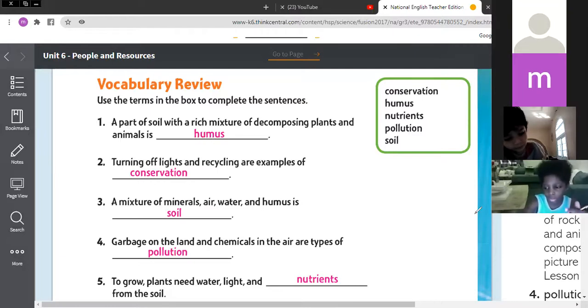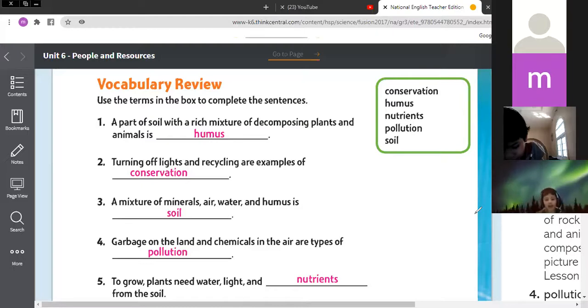Okay, Omar? Please read number 3. A mixture of minerals, air, water, and humus is soil.